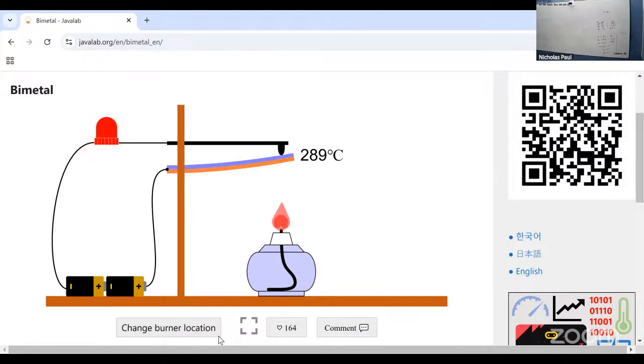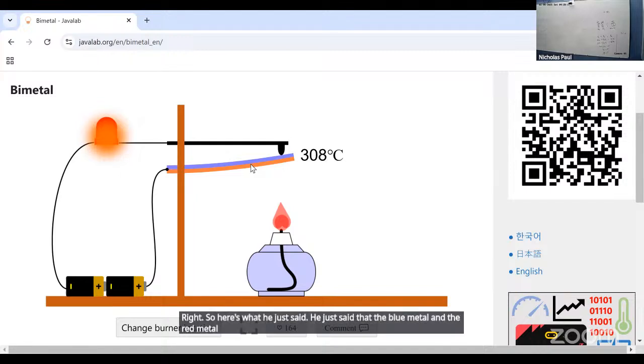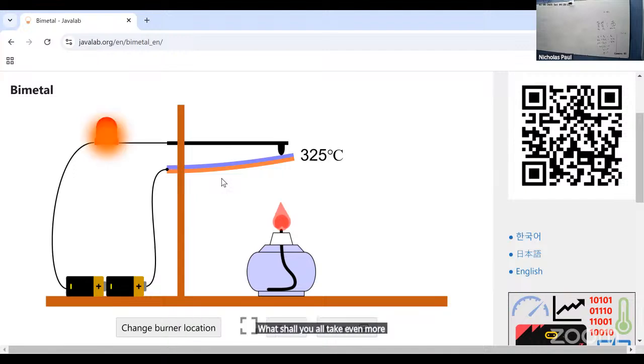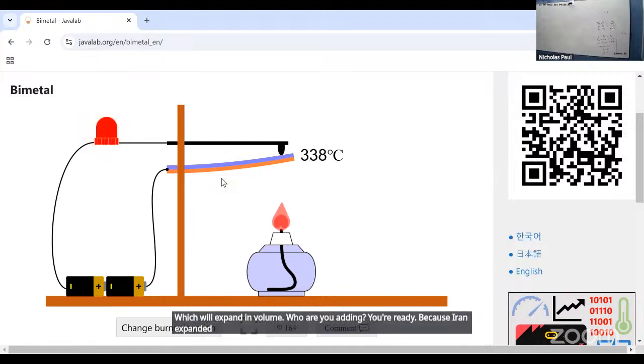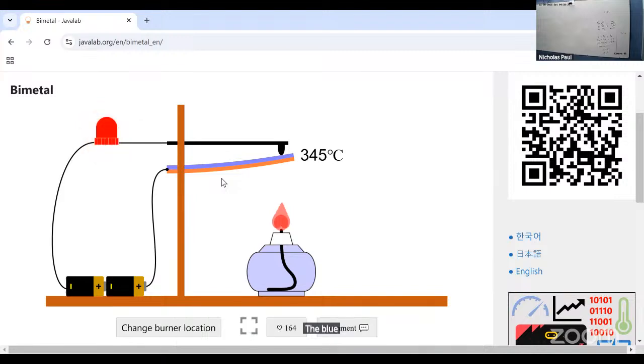Right, so here's what Ethan said. Ethan said that the blue metal and the red metal heat at different rates. So think about this, right? Which one is expanding more, the blue or the red? The red. Because the red is expanding so much and the blue is not expanding as much, the blue is pulling the red inwards.